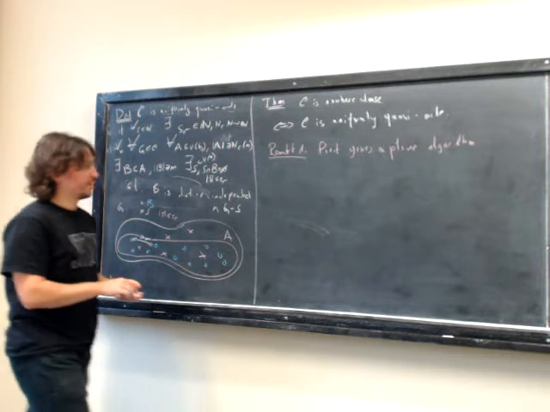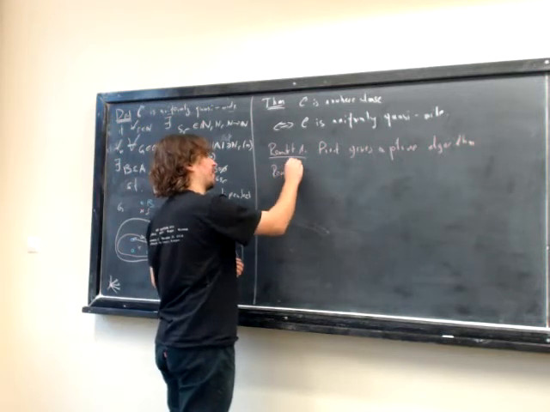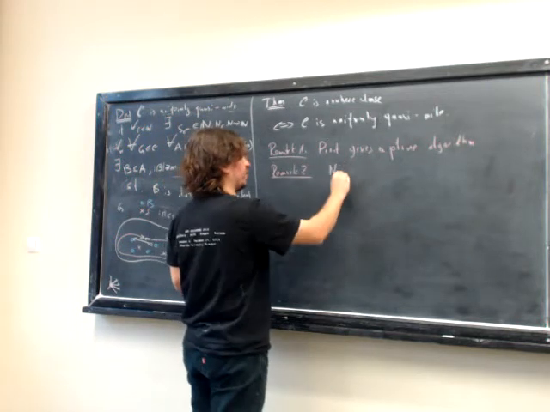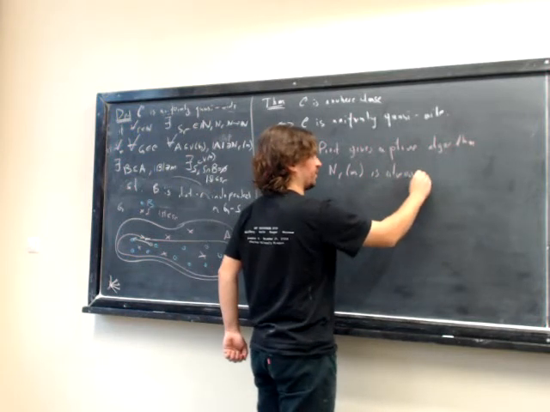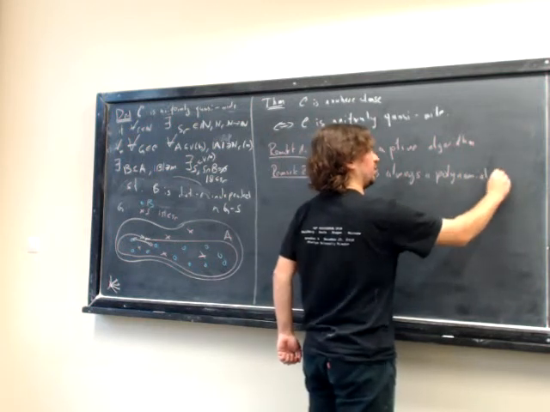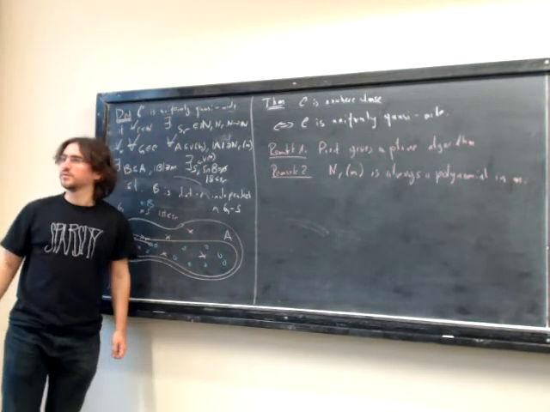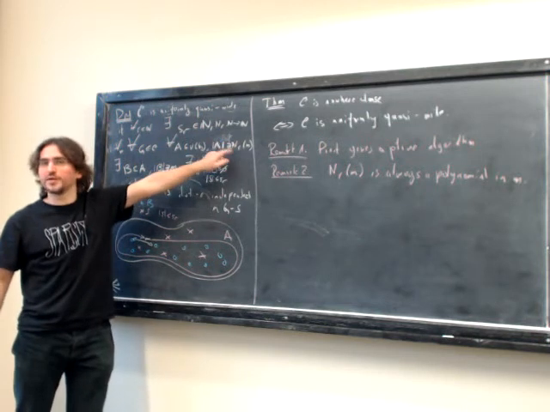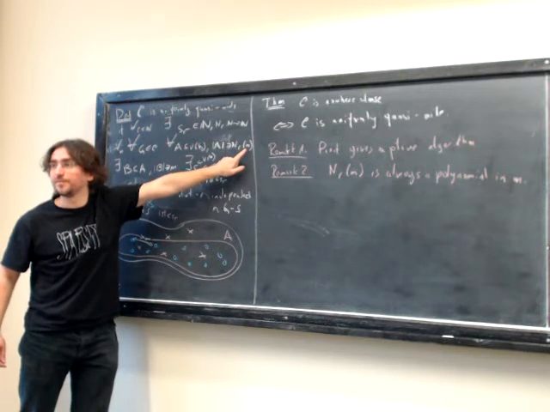The second remark, which is somewhat surprising, is that this function N_r of m is always a polynomial in m. In the sense that if a class is nowhere dense, then it is uniformly quasi-wide, with the wideness function being, for a fixed class and fixed r, always a polynomial of m.